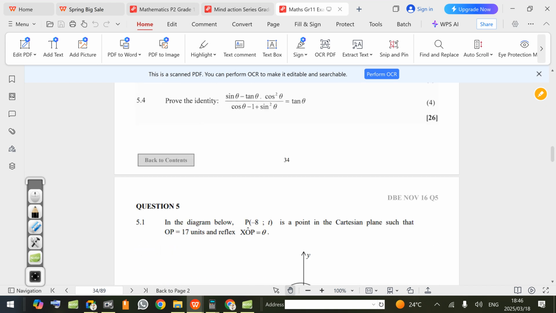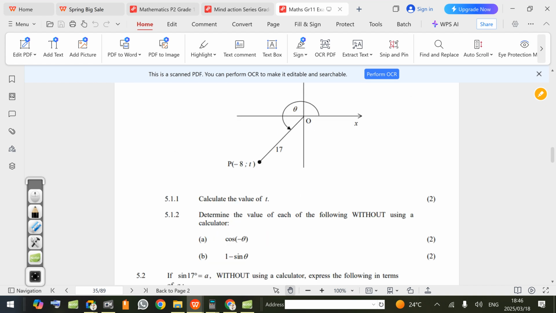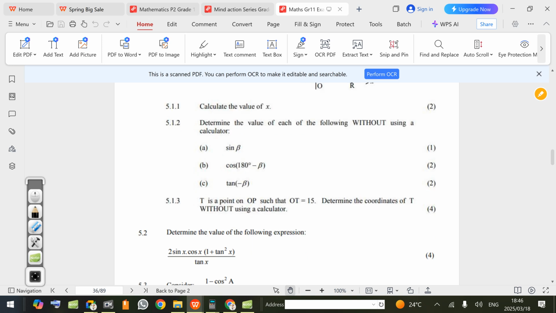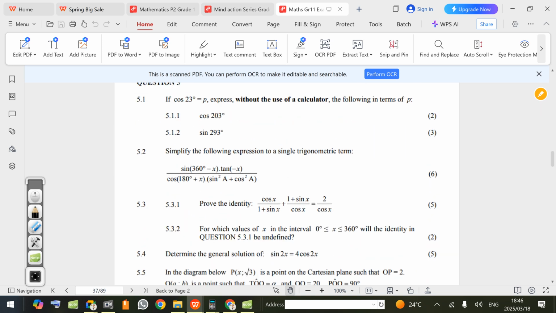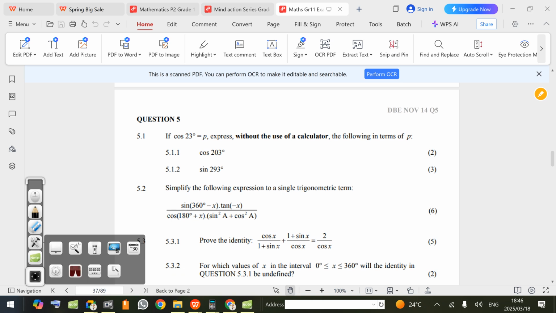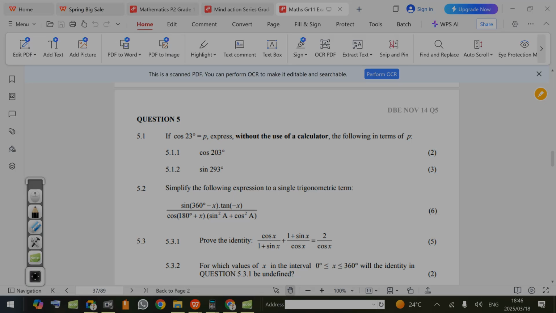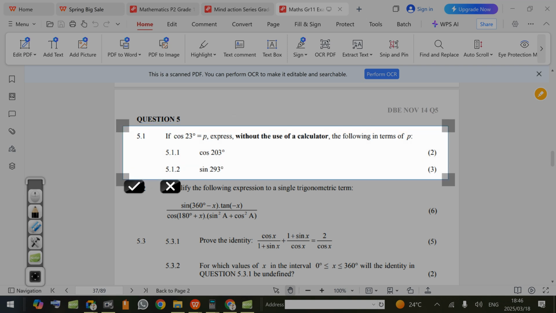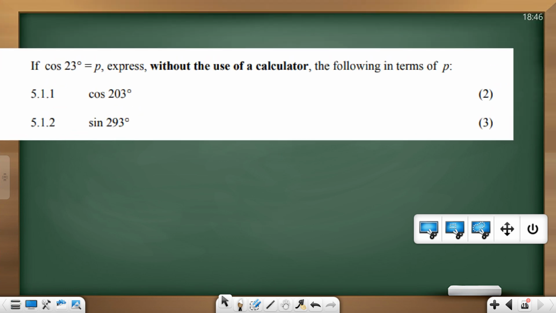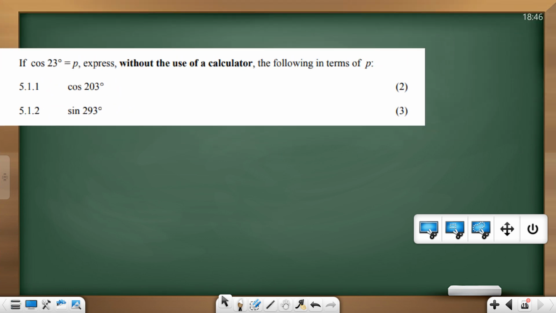I want to first do the one where we're not given a diagram, where you have to be the one to interpret the diagram first. All of these are diagrams. I'll help you with the beginning of this one, but you will have to finish it.